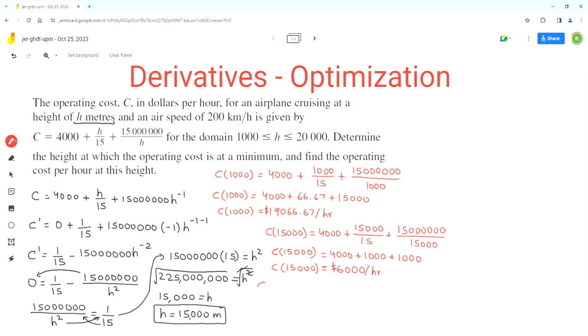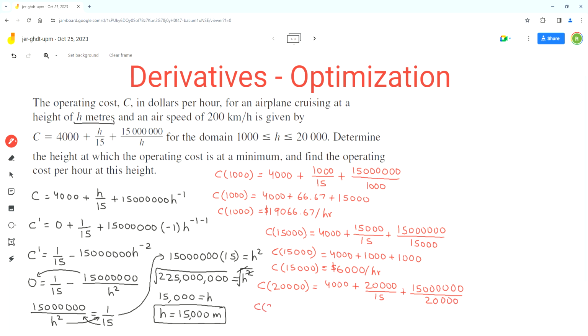Now we can calculate the C value for h equals 20,000. So we get 4,000 plus 20,000 over 15 plus 15 million over 20,000.